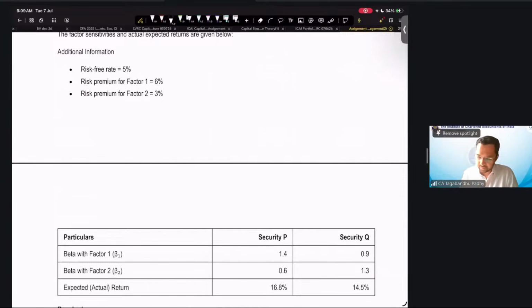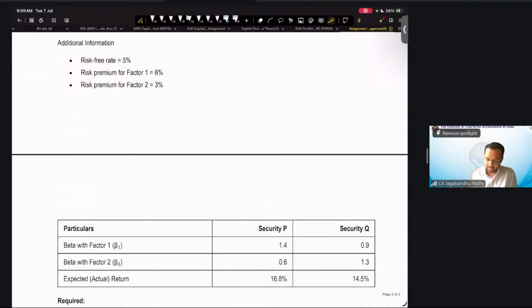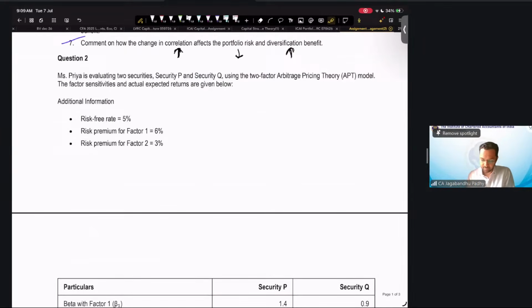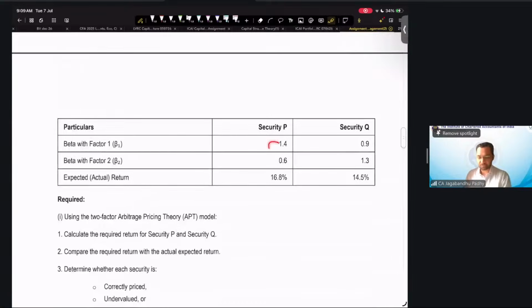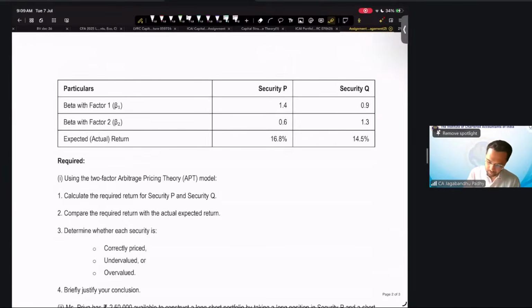Risk-free rate is 5%, and then we have the risk premium and the factor betas. Let me do the calculation here itself.